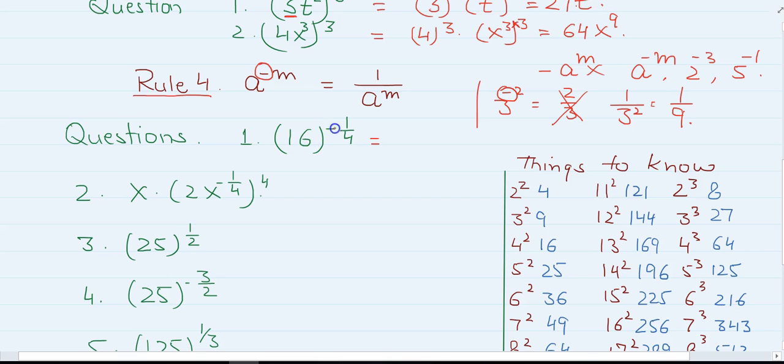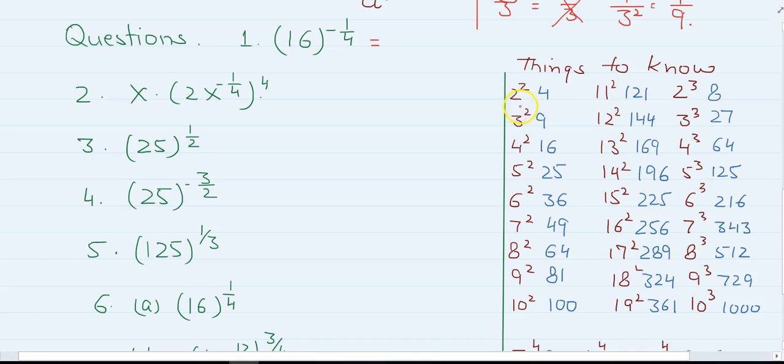16 to the power minus 1 over 4. Now before we solve this question, I would like you to have this multiplication in your mind. I highly recommend students to know these numbers.